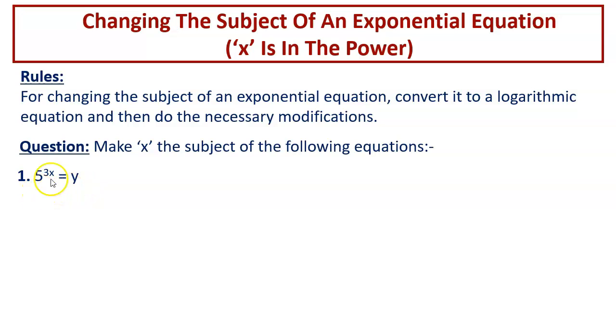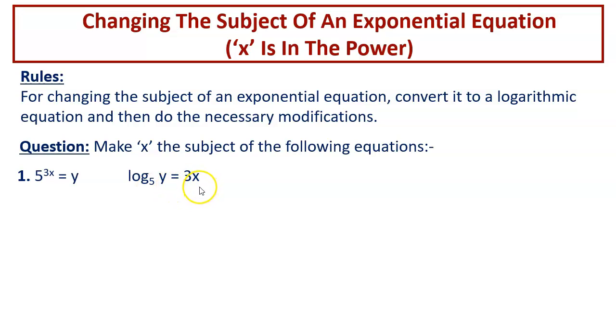We use the BPA rule for exponential equation, and to convert it to a logarithmic form, it will be BAP. The base remains the base, the answer becomes the argument, and the power comes to the right of the equal to sign. So it is log of y to the base of 5 equal to 3x.